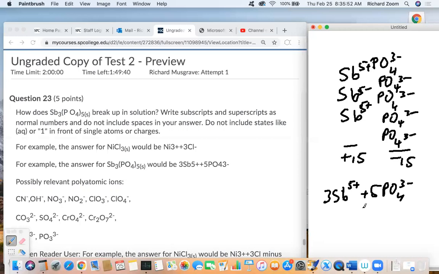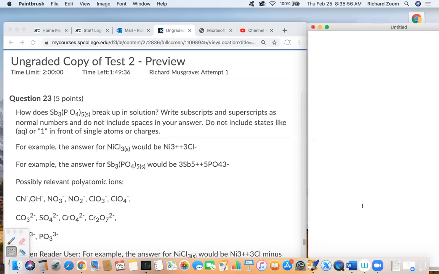All right, let's look at something else here. Let's look at NiCl3. I have an example here, NiCl3. So NiCl3 would break apart. We've got Ni and then 3 Cls. Now, I want you to see the difference.